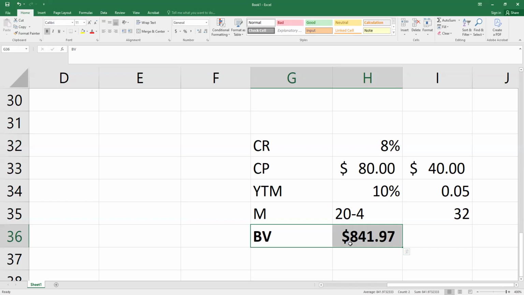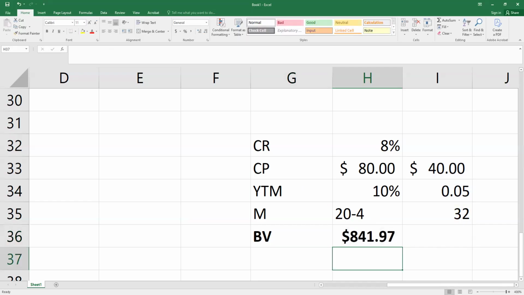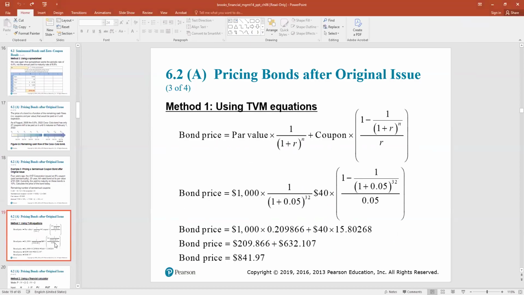So that's the formula again. Okay, that's what we have.